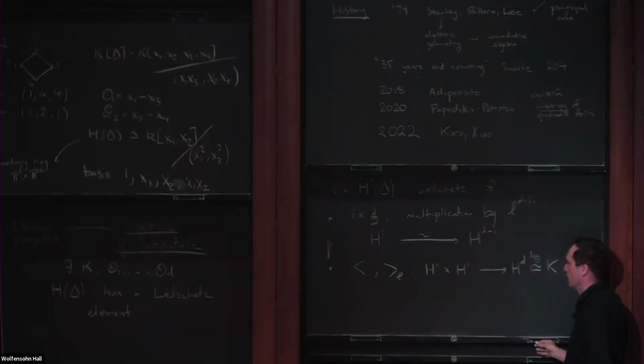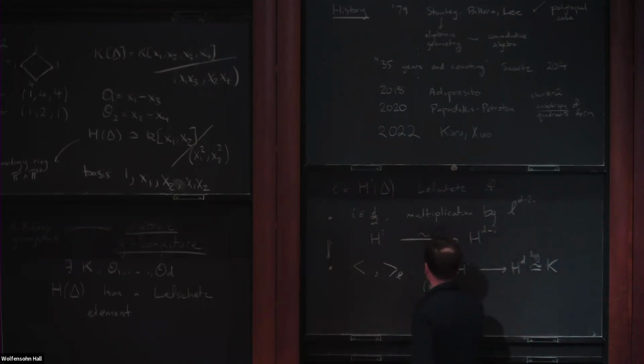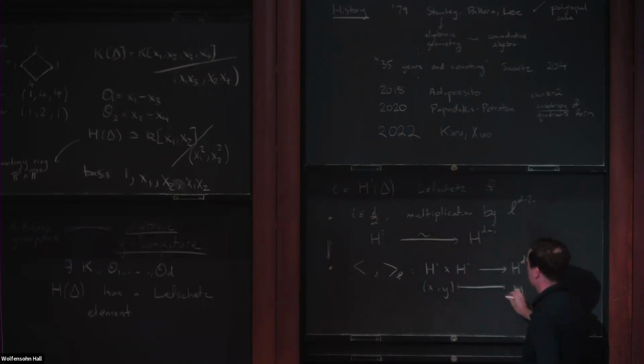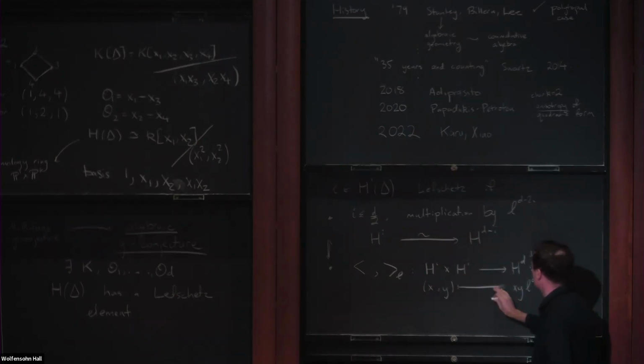That's not important for what I'm saying here now, but I can define a form which takes x, y, and I multiply them, which will get me into degree 2i, and then to get into degree d, I can multiply by L to the d minus 2i, and then I can take this isomorphism.